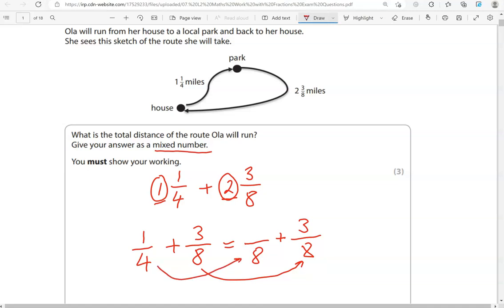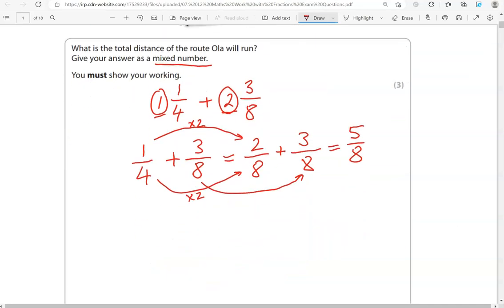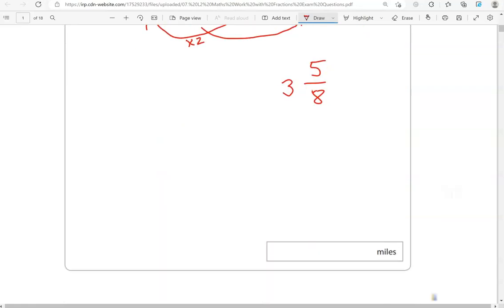We've doubled 4 to get 8, so we're going to double 1 to get 2. So now we can easily add 2 and 3, that is 5. So 5/8 is the total for these two fractions. And we've got 1 and 2, which makes 3. So 3 and 5/8 will be the answer.